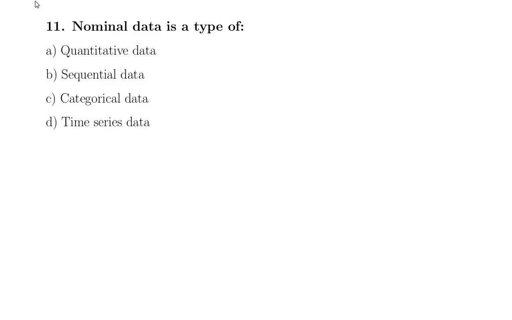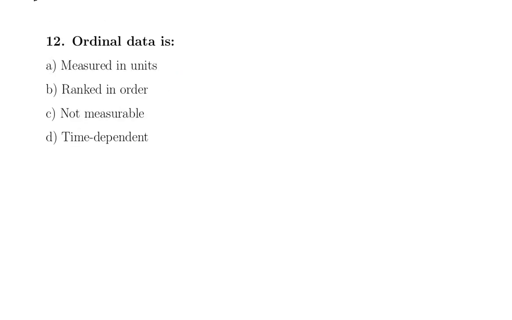The correct option is categorical data. Ordinal data is measured in unit, ranked in order, not measurable, or time dependent. The correct option is ranked in order. Ordinal data is ranked in order.